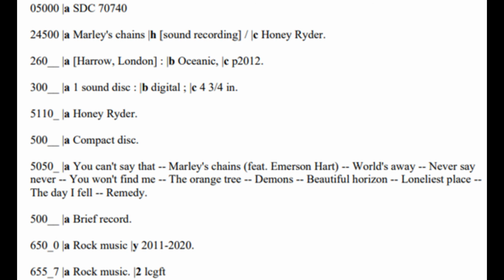And then subfield code A for the 650 is rock music. Then subfield code Y, 2011 to 2020, where Y is the subfield code for subject heading subdivision for chronology. And then tag 655 is a genre. The genre is rock music.